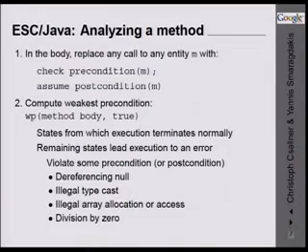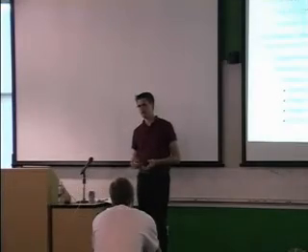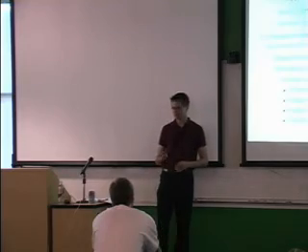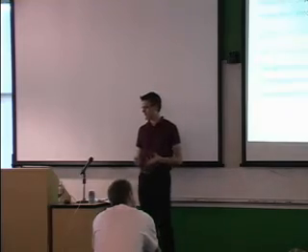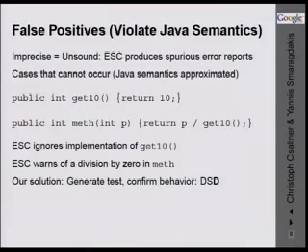Okay. So ESC/Java, like many static analysis systems, produces false warnings because it does not completely model the semantics of the Java language. And I have an example here. So we have one method, get10, that always returns the value 10. And then we have some other method, math, that uses that method and divides by the result of the first method.